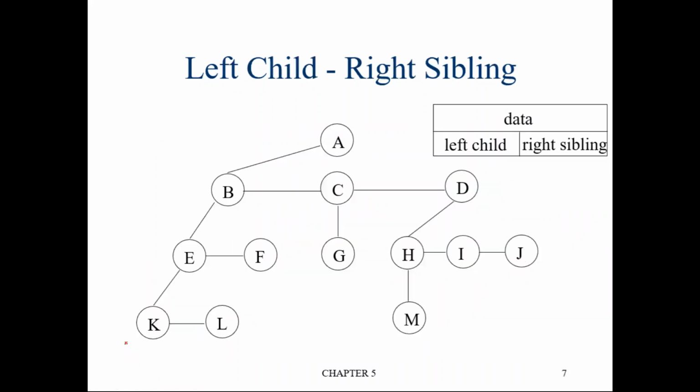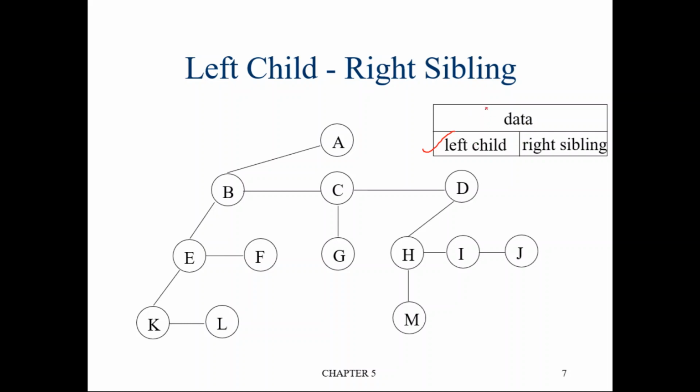In the sense, there is one way. Actually any tree with any degree can be represented with just two pointers, right? Any of the nodes can have any number of children, but still it can be represented using two pointers.